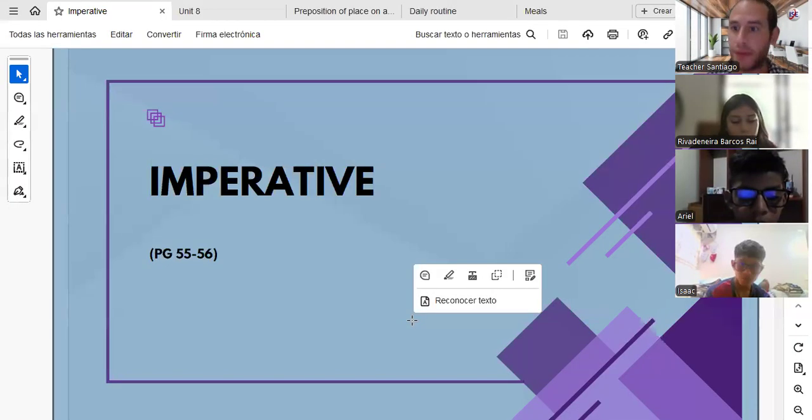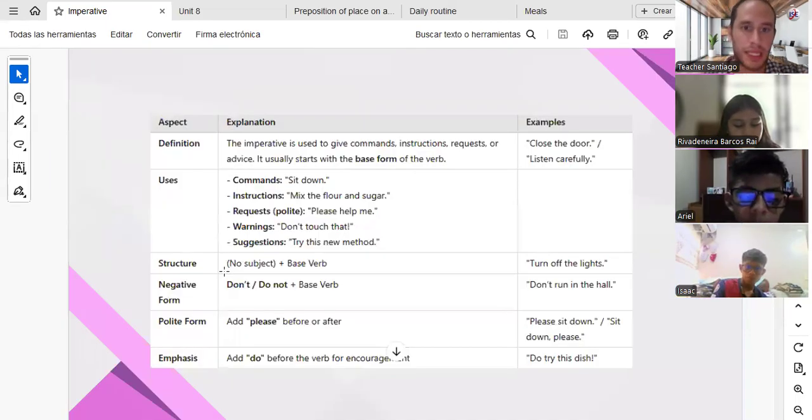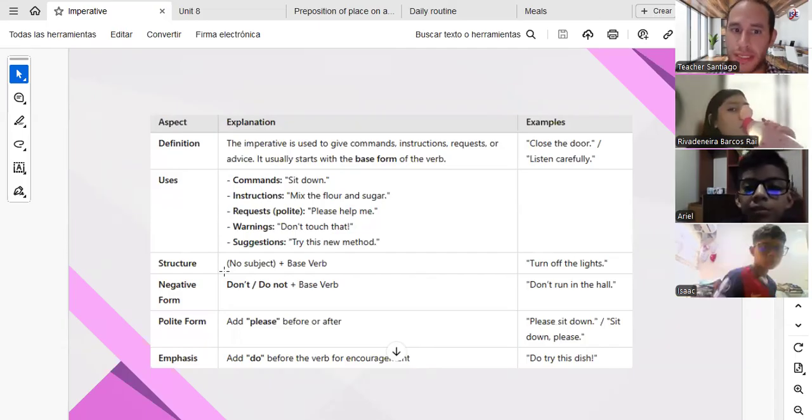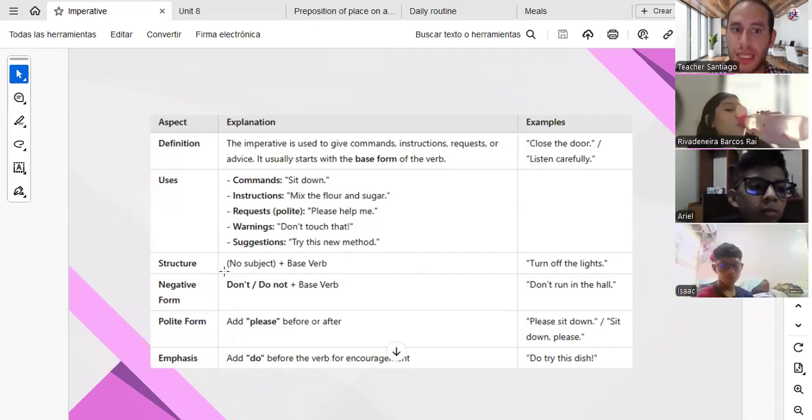So I'm going to share my screen. Let's do a quick review of imperative. The definition: the imperative is used to give commands, instructions, requests, or advice, right? It usually starts with the base form of the verb.